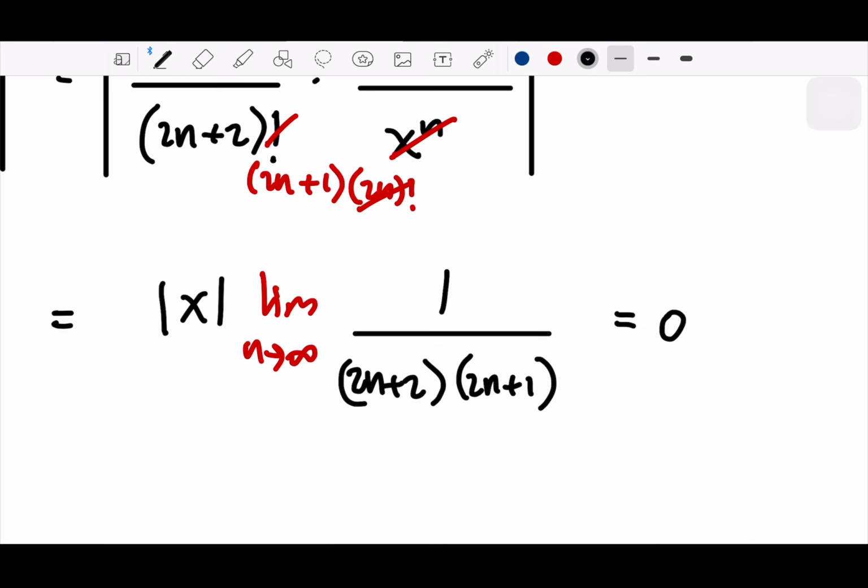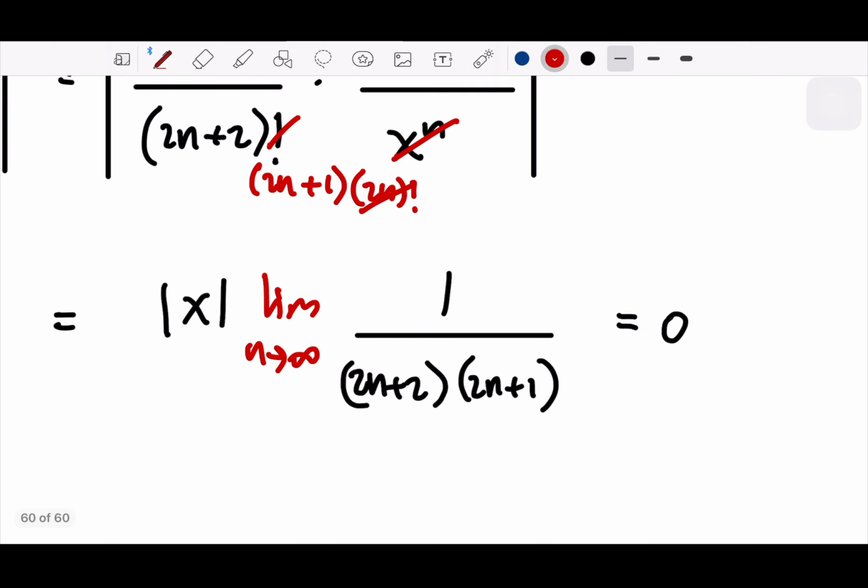That means every x we input, any number we check, it's still going to multiply with 0, which means that all x will converge. So this is less than 1, right?